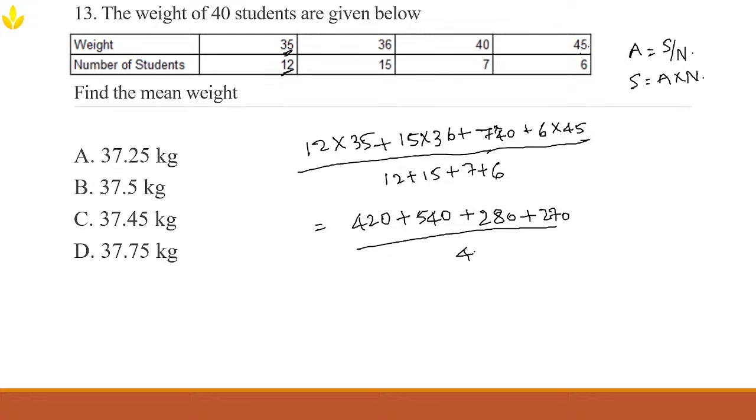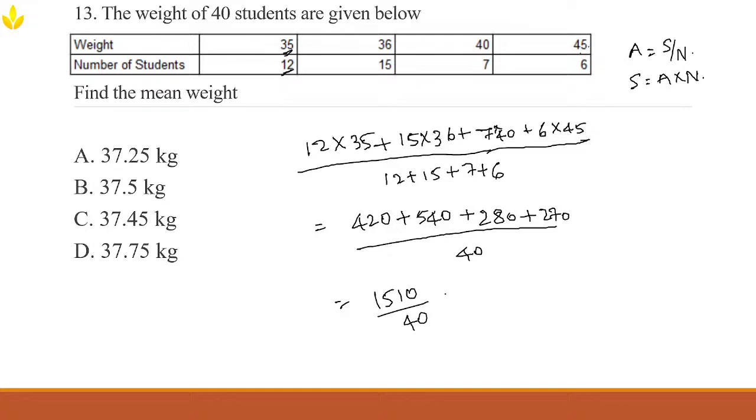That will totally give you 40. So now we will add all these. 420 plus 540 plus 280 plus 270 is the value. So it comes back to 960, this is. So this will be 550. 960 plus 550 gives you 1,510 divided by 40 is the solution.